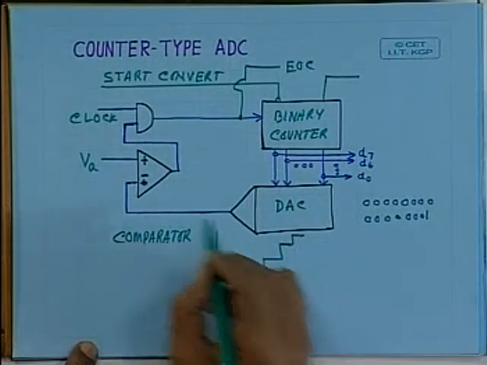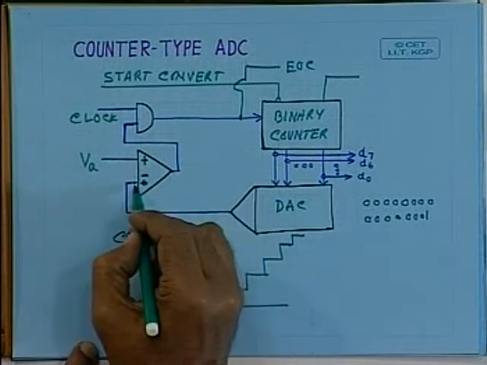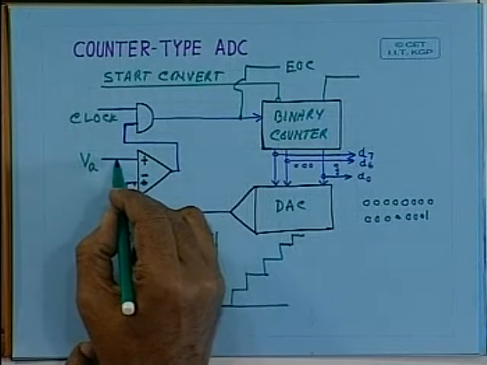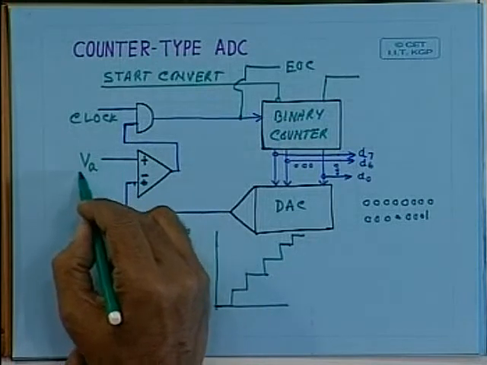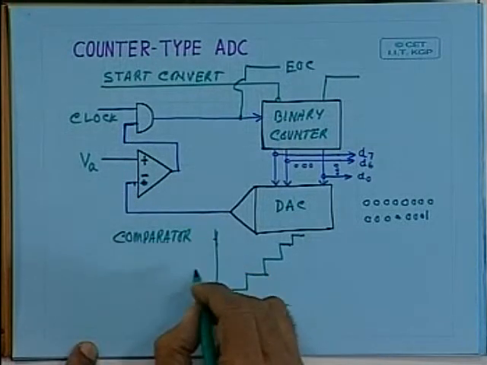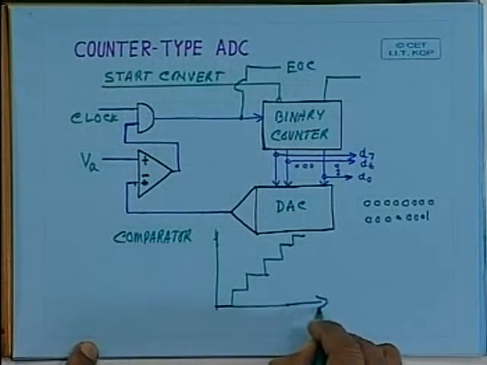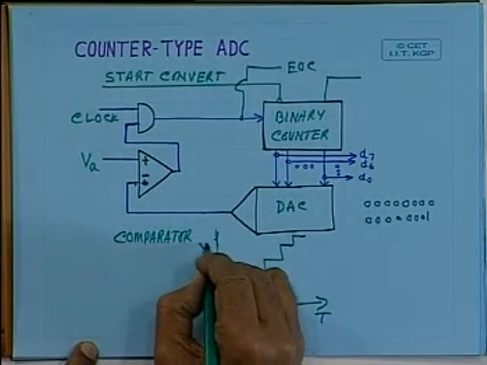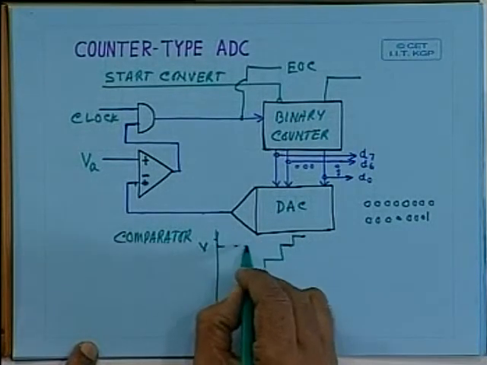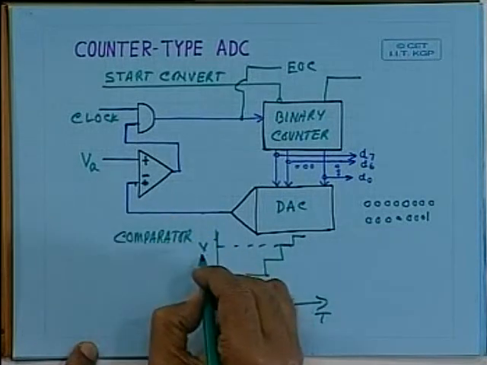Now, when will it stop? Whenever this voltage reaches and becomes equal to VA, let us assume this is the time and this is the voltage, at this point it becomes equal to VA.